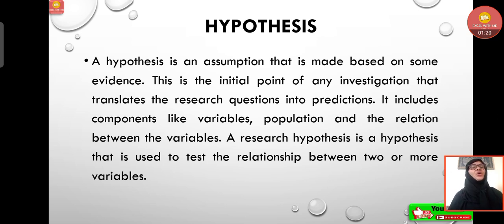Now it includes components like variables, population, and the relationship between the variables. Already we understood about the population. That means on whom, the subjects or the sample on whom we are going to investigate.